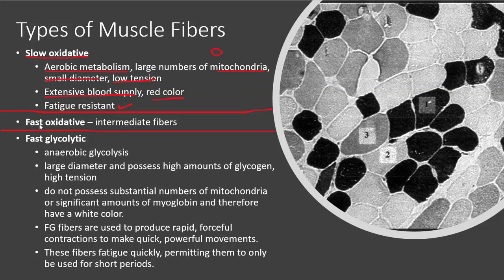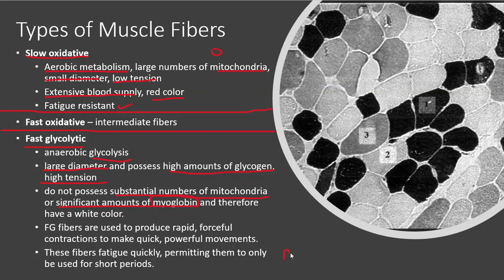Okay, I'm going to talk about the fast glycolytic next. The fast glycolytic, these guys use glycolysis. They're not about the mitochondria. They are large in diameter. They're going to have lots of glycogen, and these guys are going to be capable of significant force generation. They don't have those mitochondria or the myoglobulin. Myoglobulin, I didn't tell you about that.